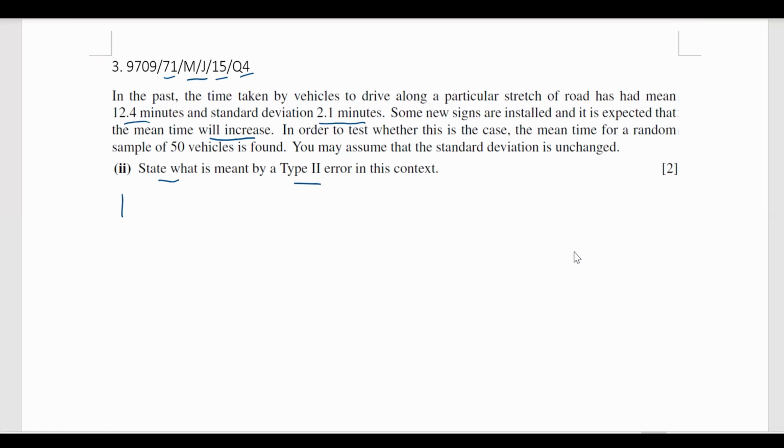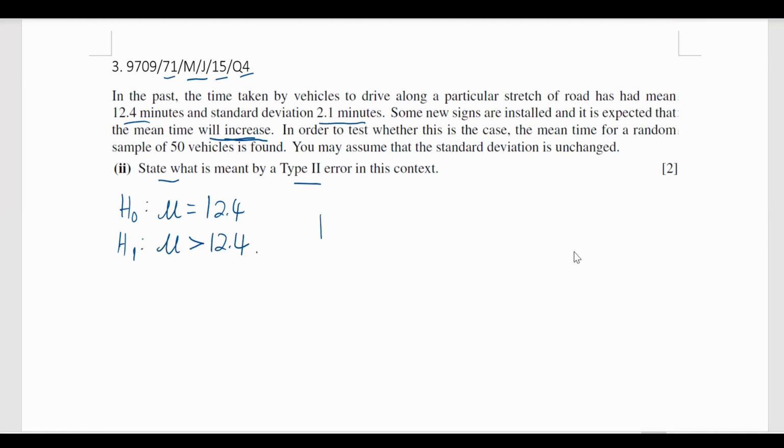So again, let's list down the hypotheses. The mean is supposed to be 12.4 minutes, but after the new signs are installed, the mean time is expected to increase. So H1 should suggest that the mean is greater than 12.4.